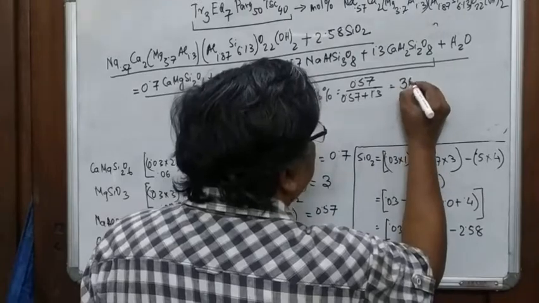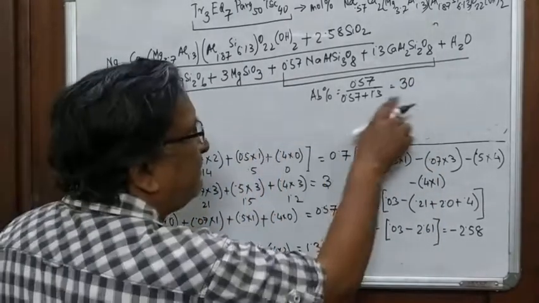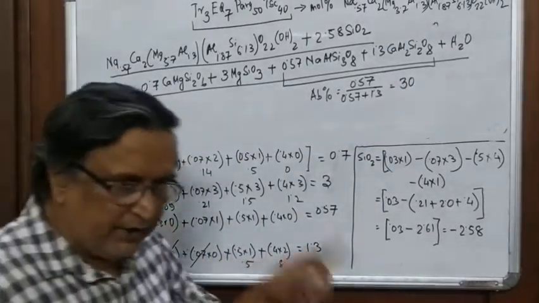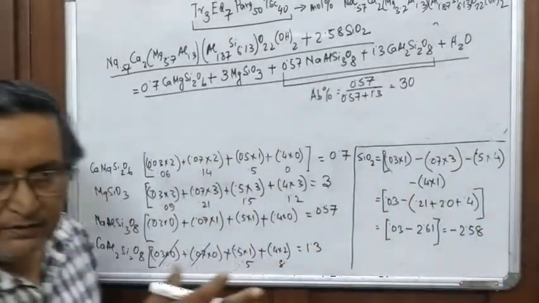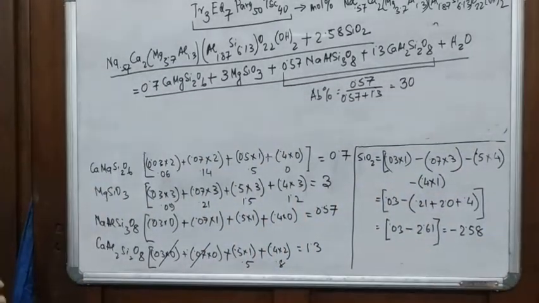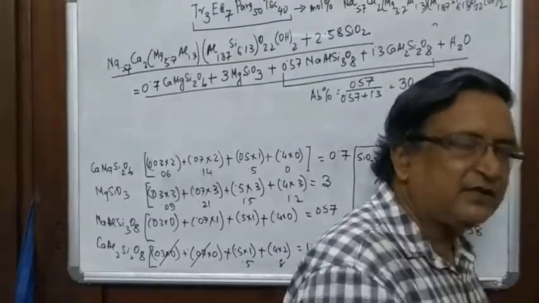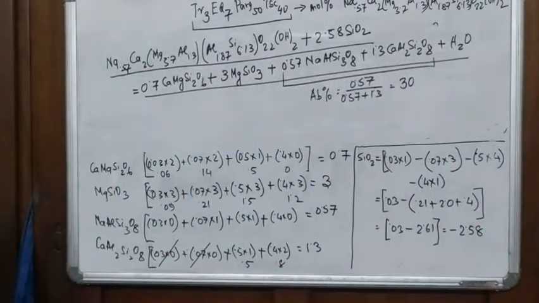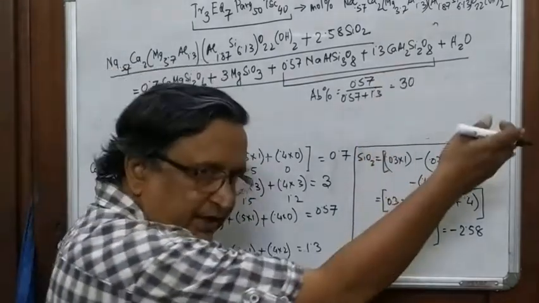So albite percentage would be about 30. So this would be the composition of the plagioclase. And as you can see, you have albite, oligoclase, andesine. Anorthite content is 0 to 10 in albite, 10 to 30 in oligoclase, and andesine is 30 to 50.